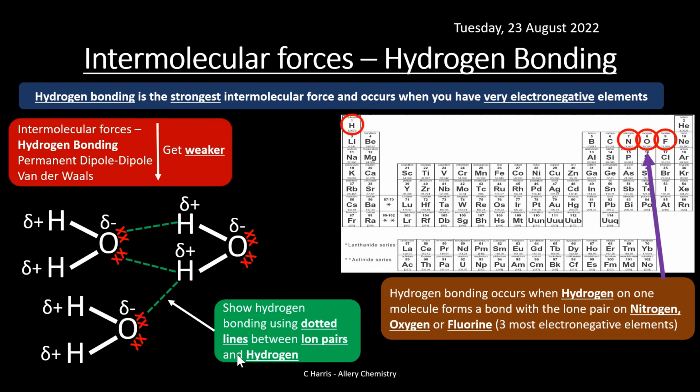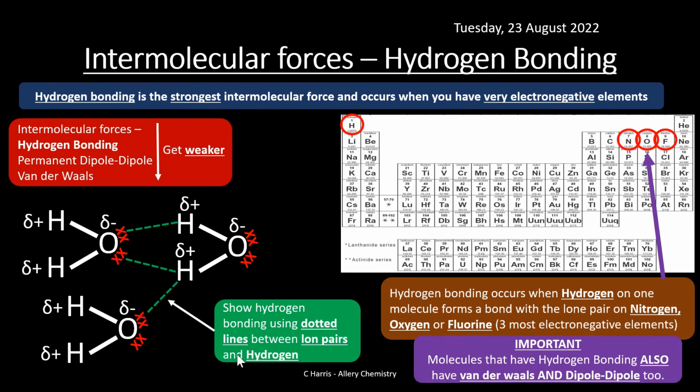We represent hydrogen bonding by drawing a dotted line. It goes between the delta negatives and the delta positives, and it must be between the lone pairs. Really, really important: a lone pair of electrons on the oxygen. And just like we mentioned before, any molecules which have hydrogen bonding will also have van der Waals forces, and they'll also have permanent dipole-dipole interactions as well.